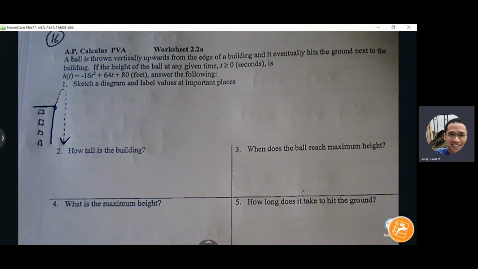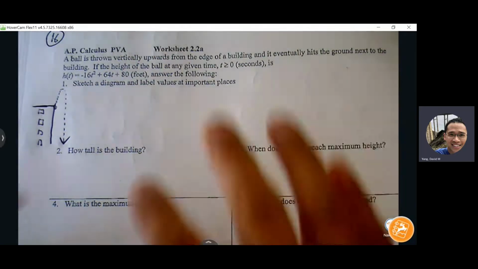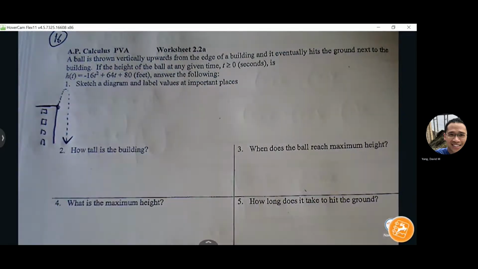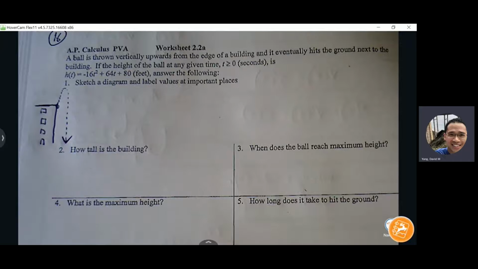If the height of the ball at any given time, where t is greater than or equal to 0, is h of t, then answer the following. Okay. So h of t is representing the position function. So I'm going to have that here.